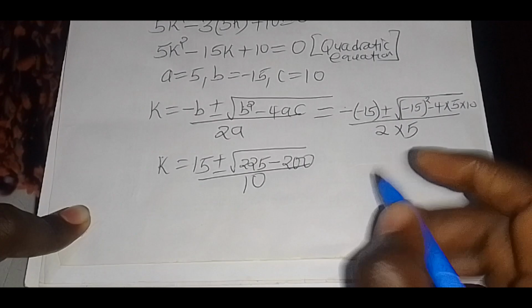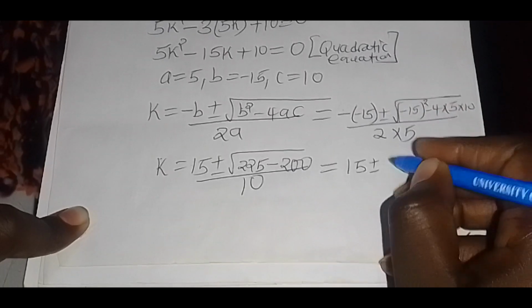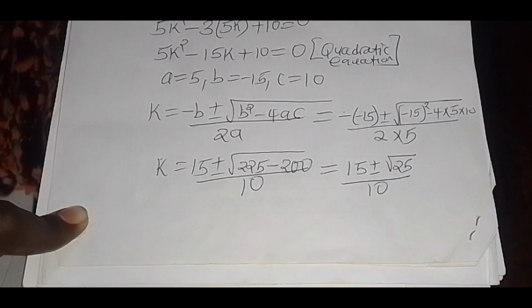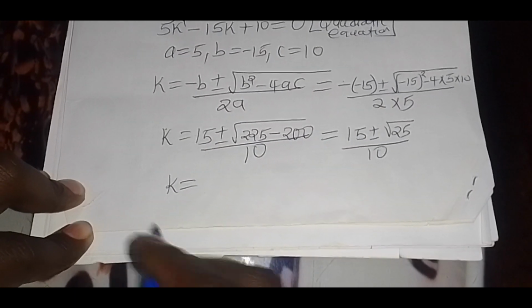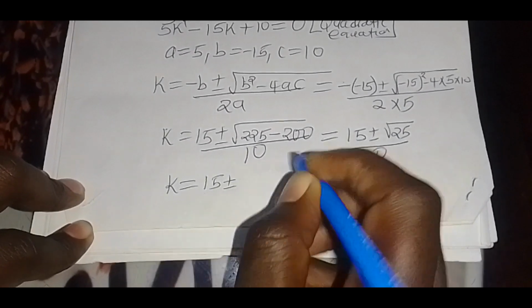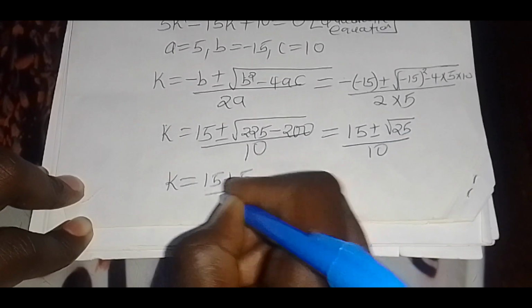So we're going to have 15 plus or minus the square root of 25 divided by 10. So you're going to have two possible values of k. Remember the square root of 25 is 5, so 15 plus or minus 5 divided by 10.